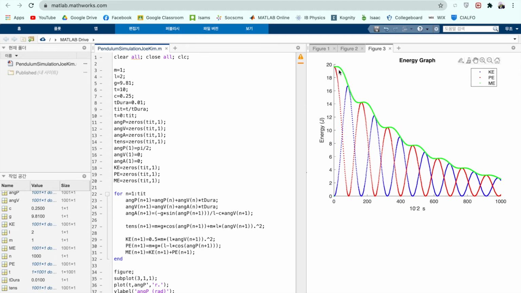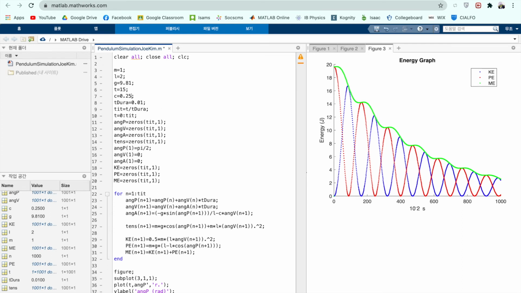the green, which depicts mechanical energy, and also you can see it by the maximum values of the kinetic and potential energies, the total energy in the system is decreasing over time. And have a look at this, I'm going to make the duration 15 seconds.